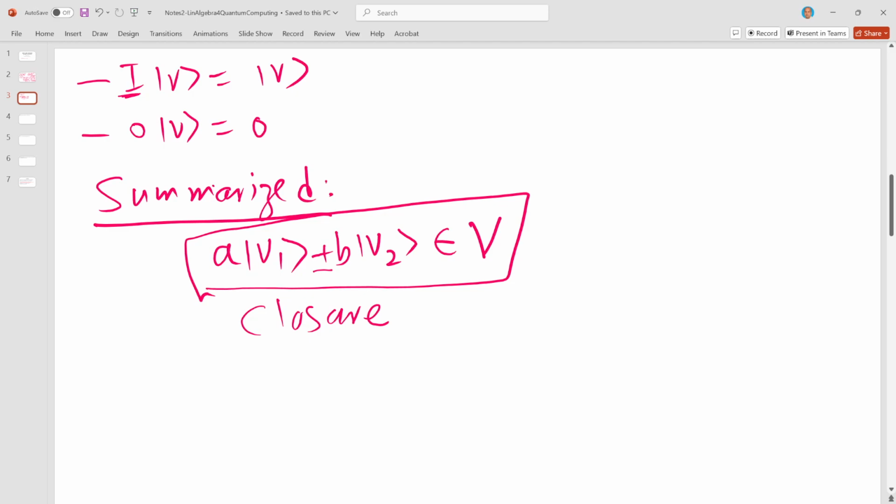This means that the superposition of vectors after multiplying with the scalars is also part of the set. So this is what we call a vector space.